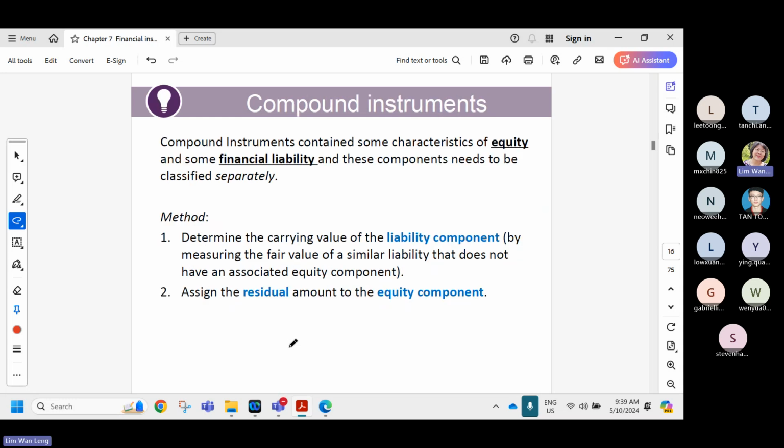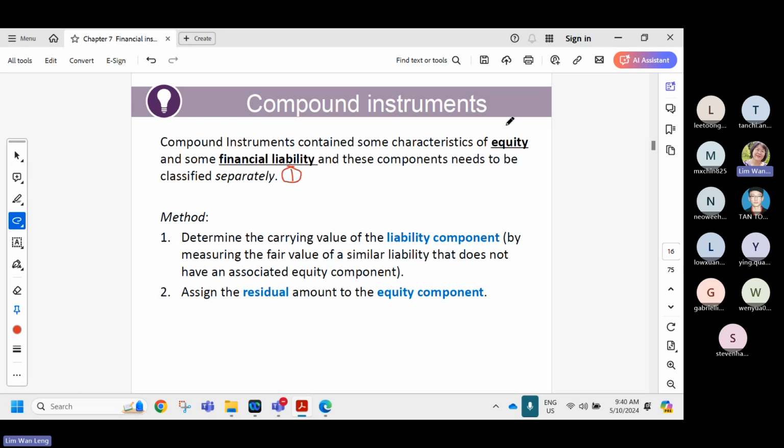So now we look at compound instrument. As I mentioned this morning, it is an instrument that contains a convertible feature. This convertible feature means that they will have elements of financial liabilities plus elements of equity.